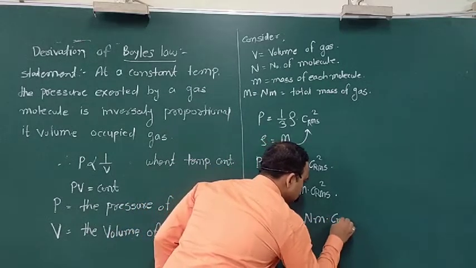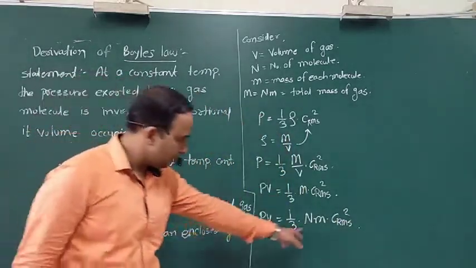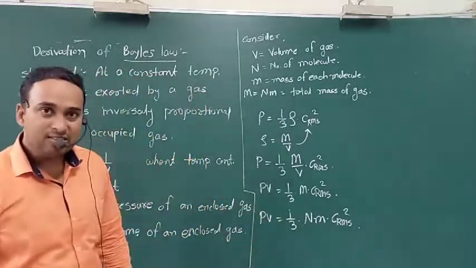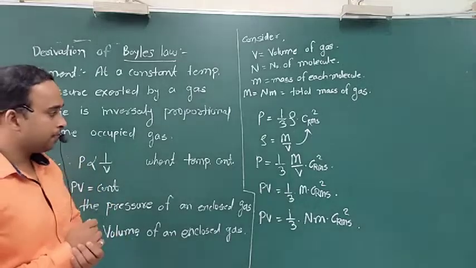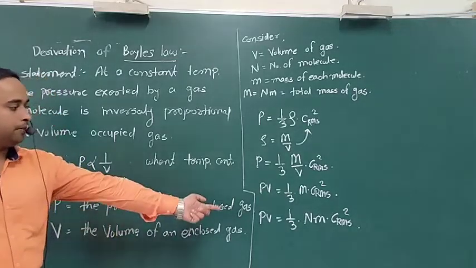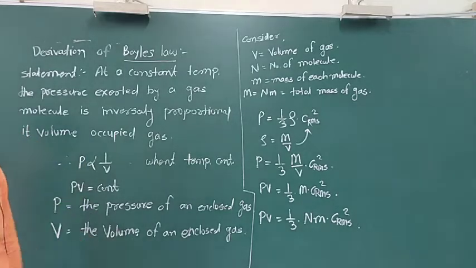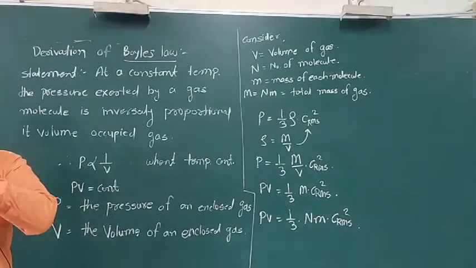Okay, where N is the number of molecules, m is the mass of each molecule. Now so therefore PV is equal to 1 by 3 into N into m into C RMS square.